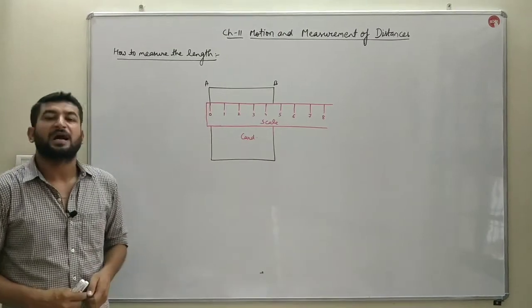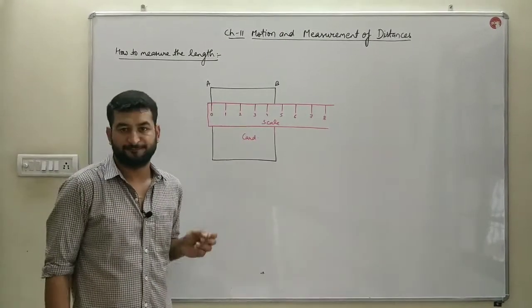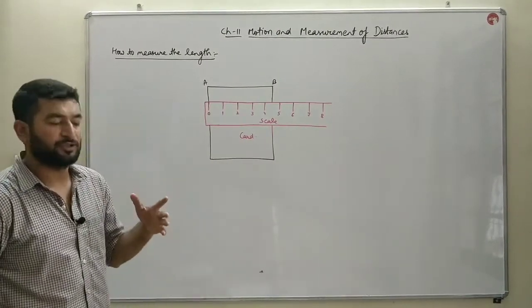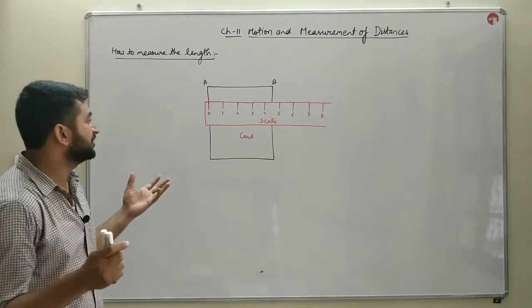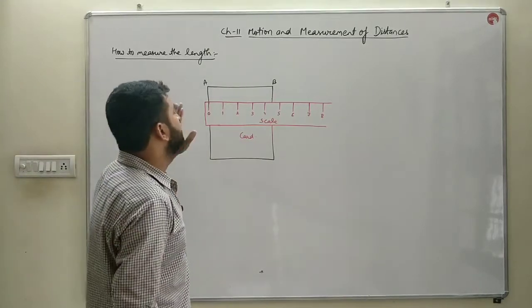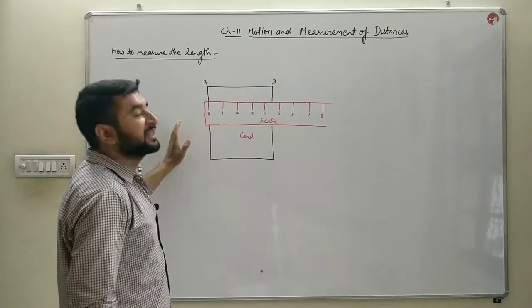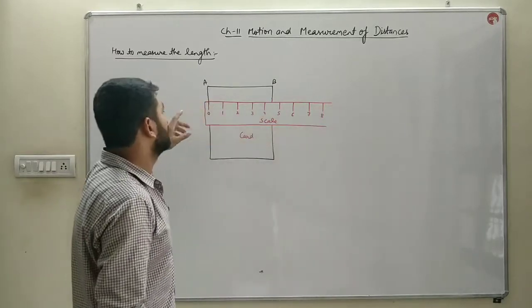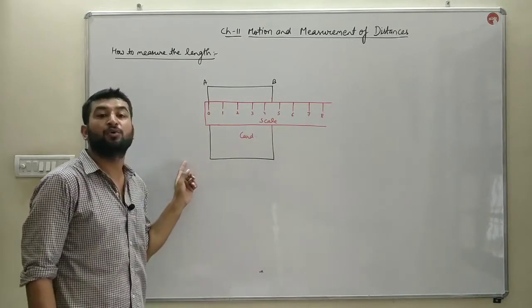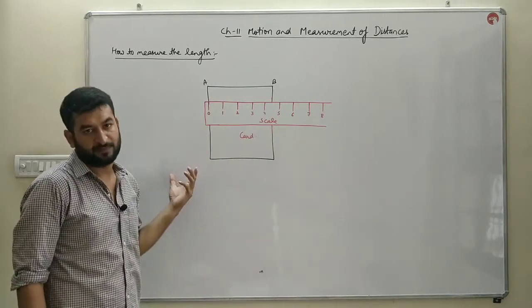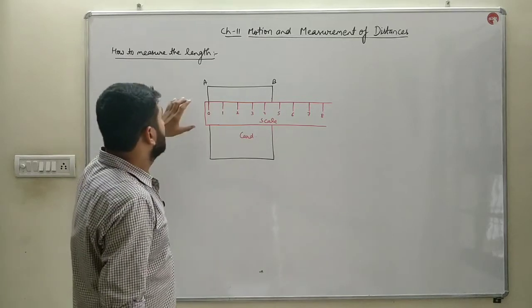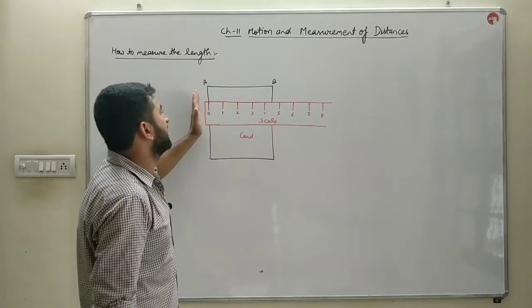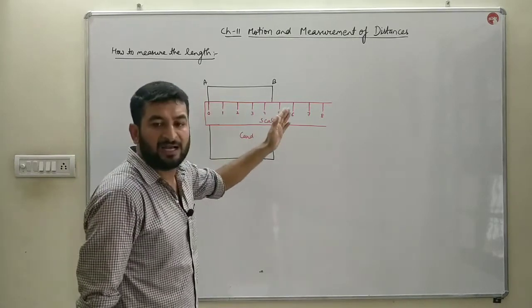Next we'll discuss how we measure the length. For measuring length, we require a scale, bache. It is very necessary that we place the scale in a straight position to measure a cardboard, to measure a length. Next, for measuring it, on the left side we'll place the 0, or on the right side.